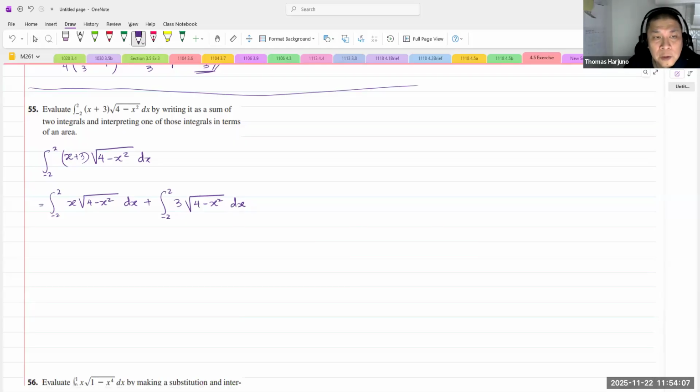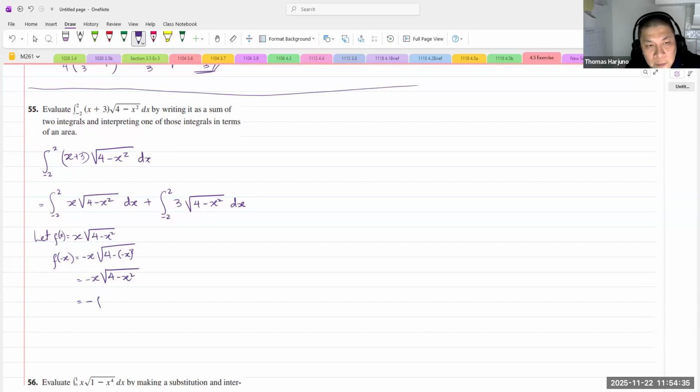First one, x square root of 4 minus x squared is an odd function. f(-x) is negative x square root of 4 minus negative x squared, that's negative x square root of 4 minus x squared, which equals negative f(x).